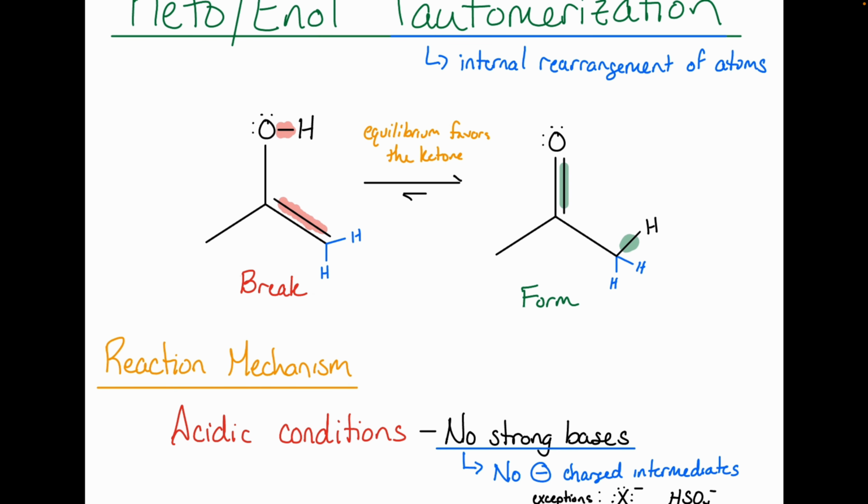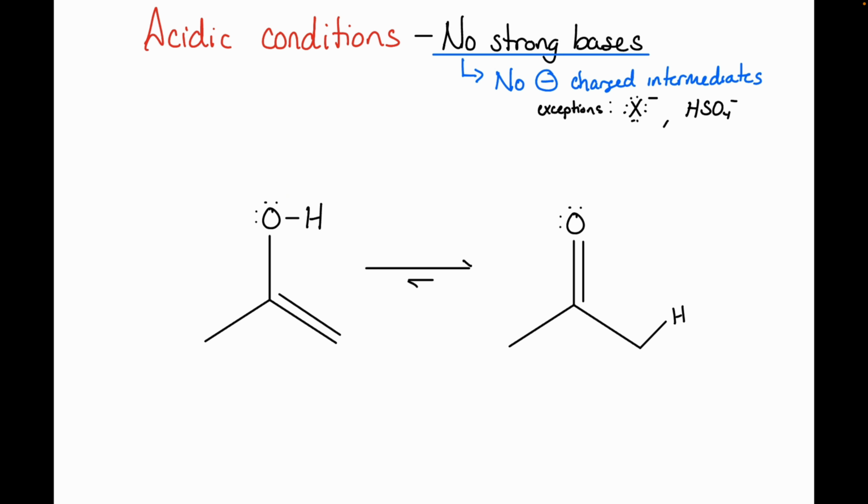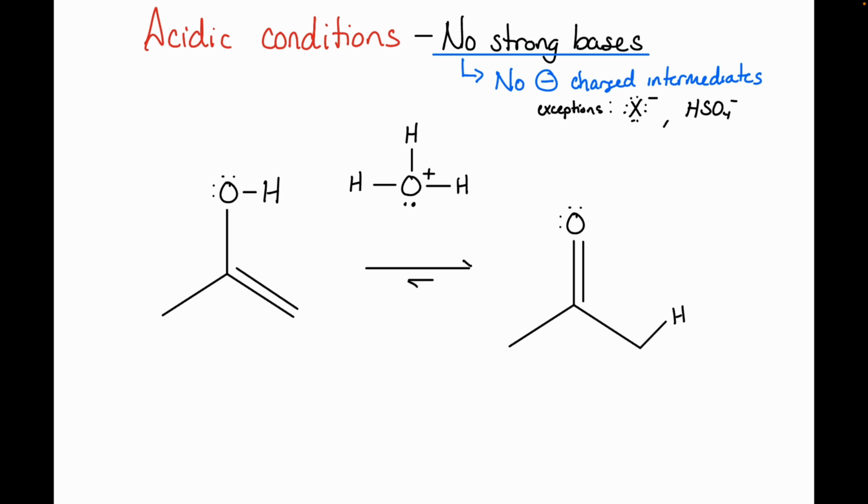And so we're going to do acidic conditions here, so let's add in some hydronium. Keeping in mind where we're starting and where we're going, let's do our reaction mechanism.